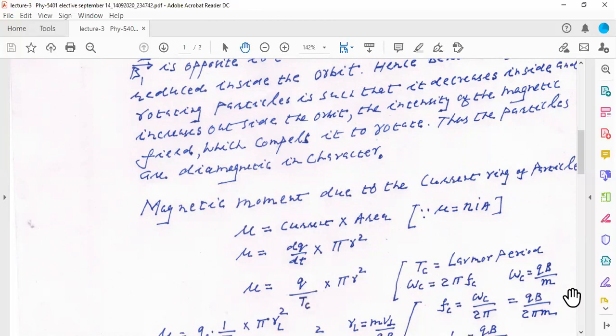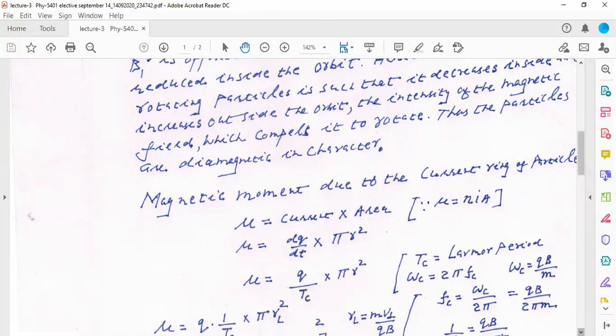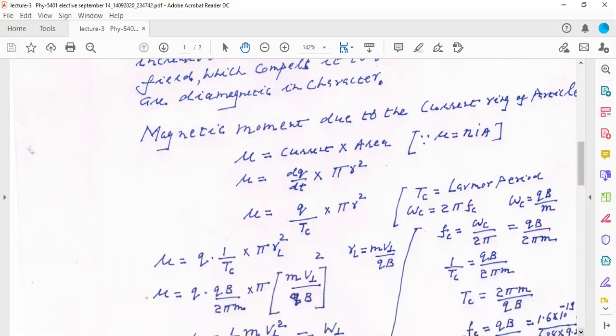I did a small calculation here to demonstrate the physics of the Larmor period. We can write the angular frequency omega c as 2 pi fc. So fc you can write as omega c by 2 pi, and omega c is the cyclotron frequency, which we have already calculated. It is the ratio of qB to m.